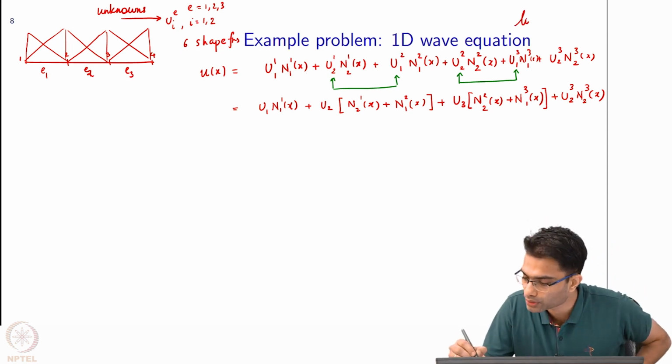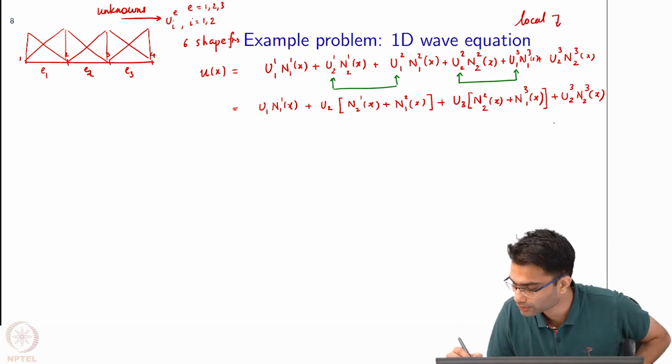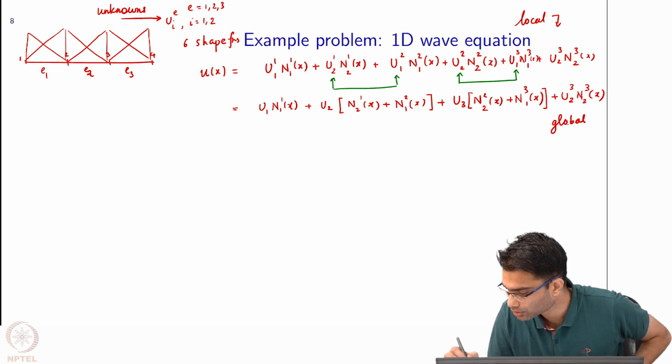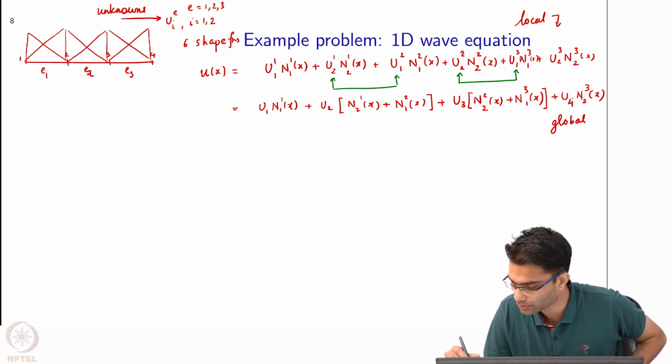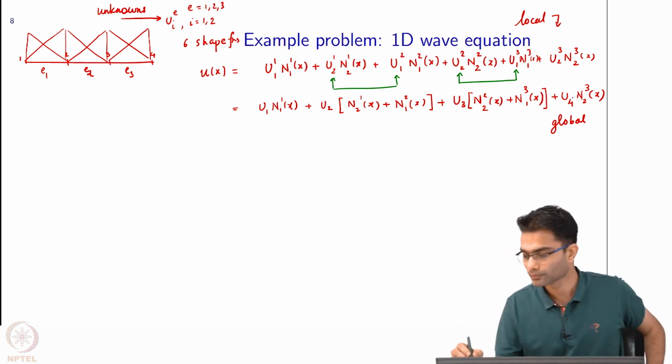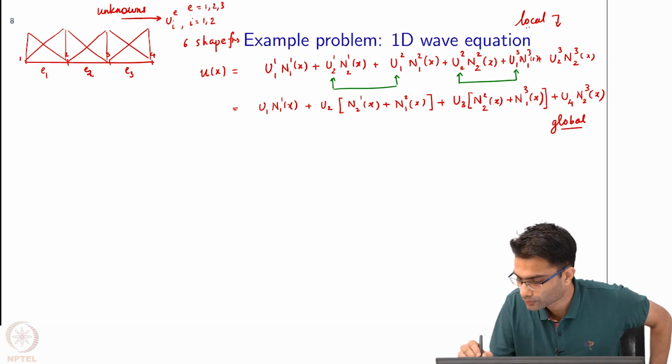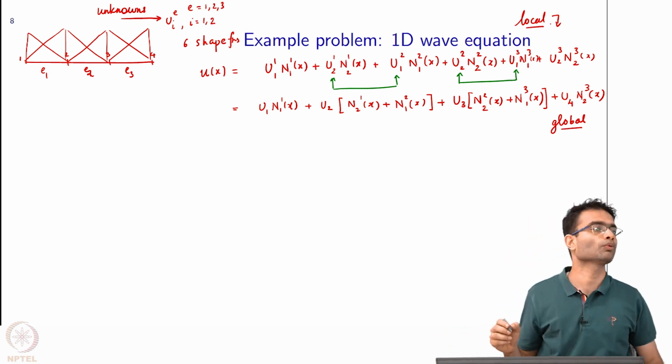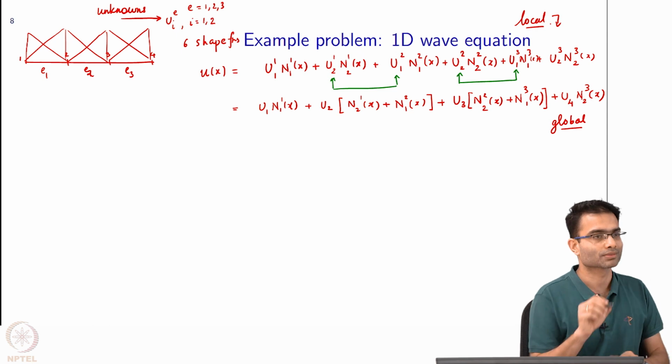The first form was local, the other one was global, and this should be u4. Local and global unknown numbers.